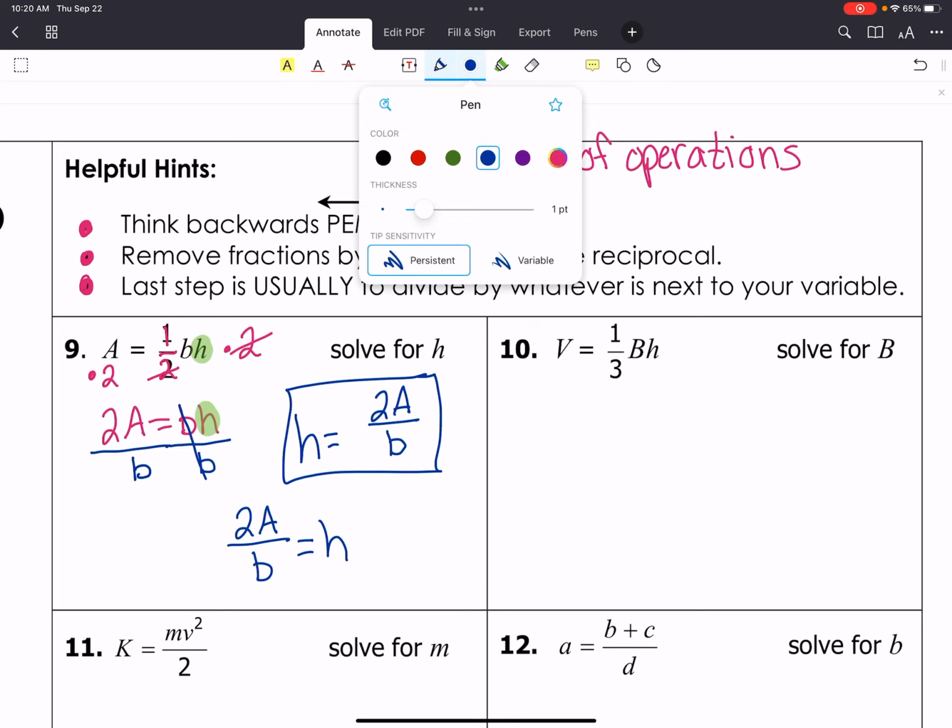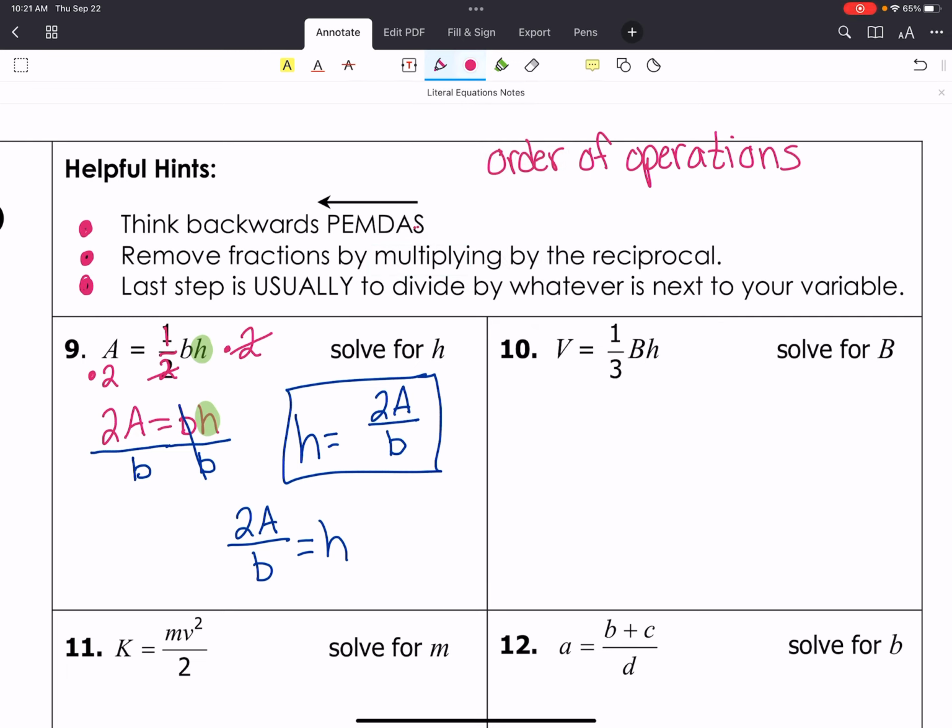For number 10, volume equals 1/3 base times height, and it wants us to solve for capital B. So again, I have a 1/3. I want to get rid of that fraction. I don't care for fractions. So I'm going to multiply both sides by 3, or you could look at it as 3/1. 3's cancel, 1's cancel.